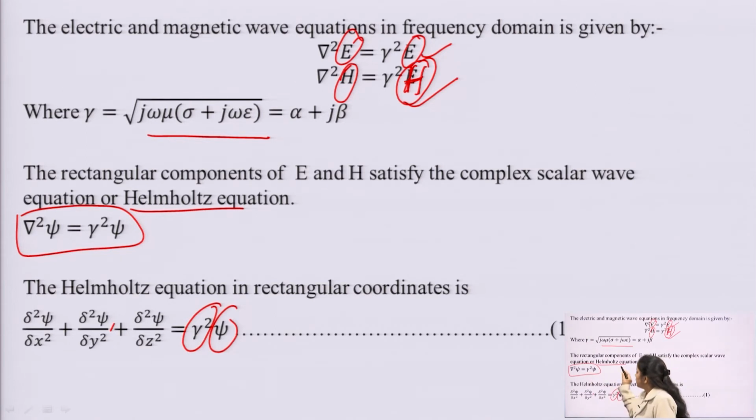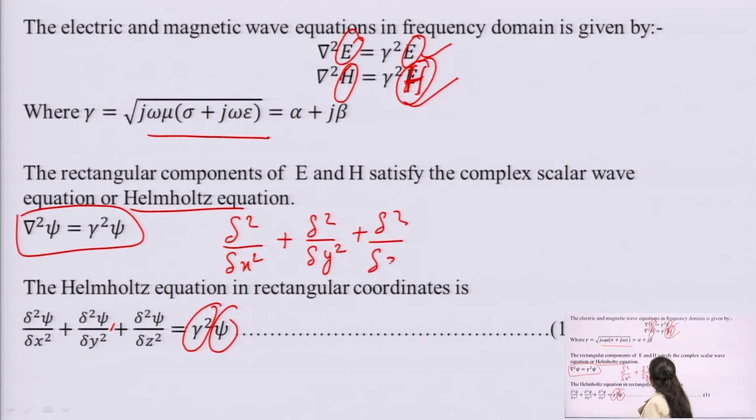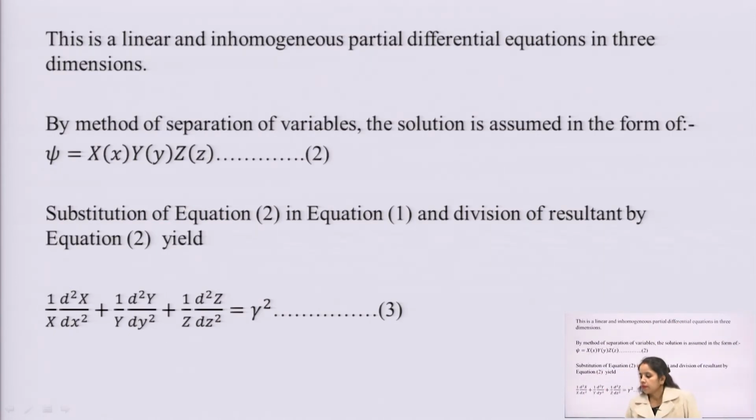So, del square is replaced as del square upon del x square plus del square upon del y square plus del square upon del z square, multiplied with psi. This is a linear and inhomogeneous partial differential equation in 3 dimensions.